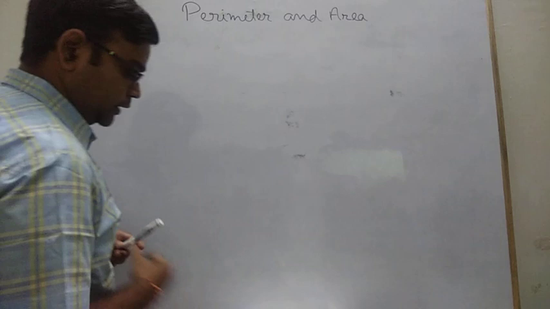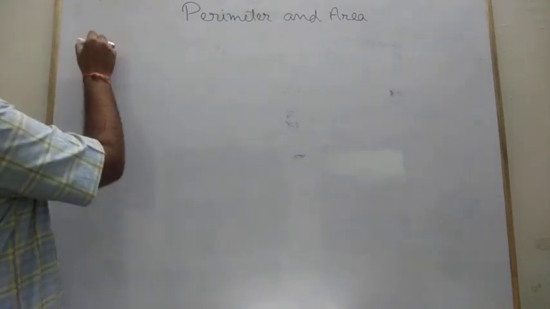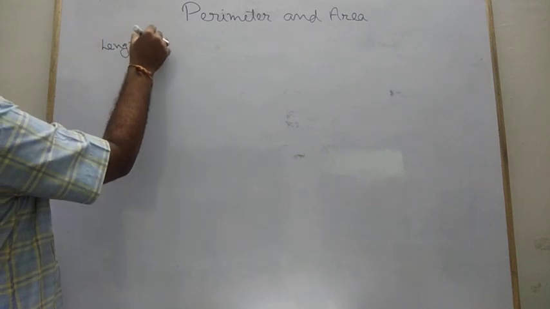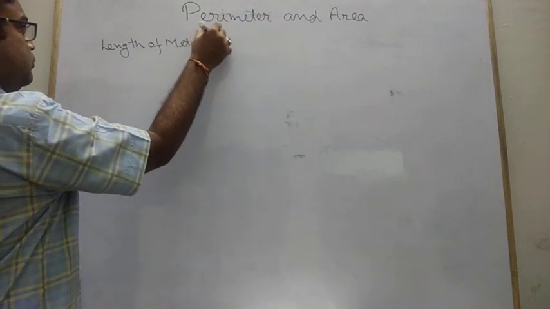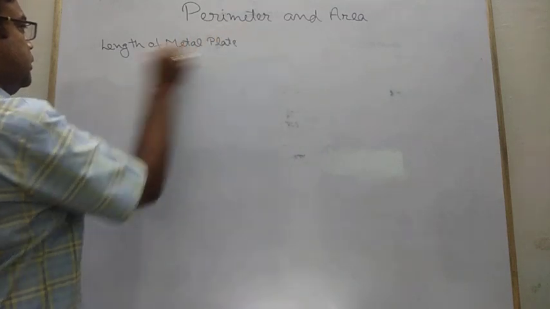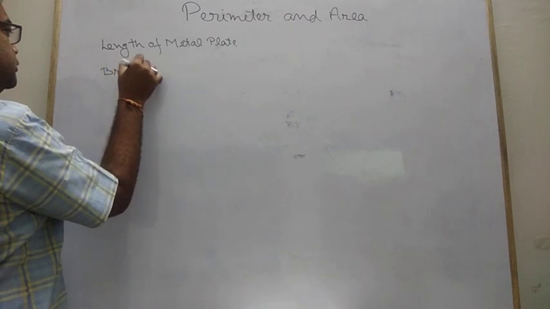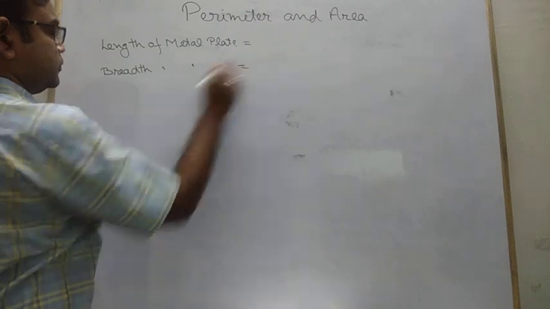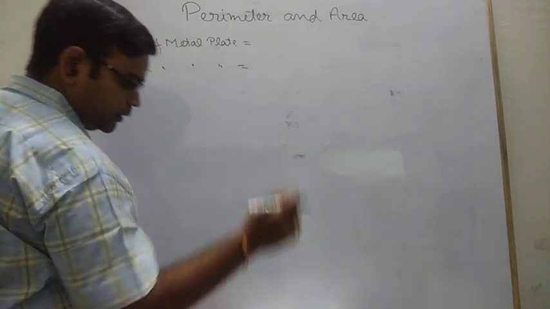In the book it is given that the length of the metal plate and the breadth of the metal plate are given to us. These are 48 centimeter and 14 centimeter.